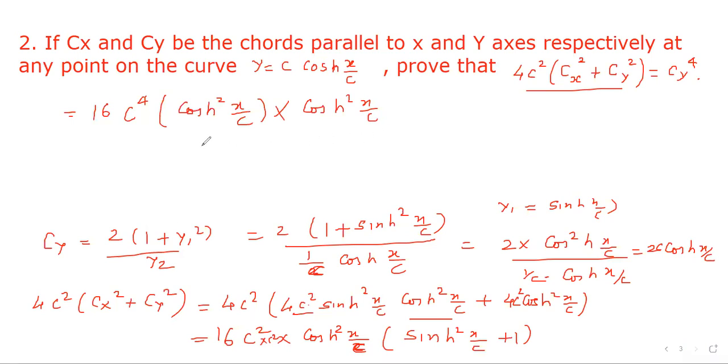So this will become 16 c power 4 cos hyperbolic power 4 x upon c.